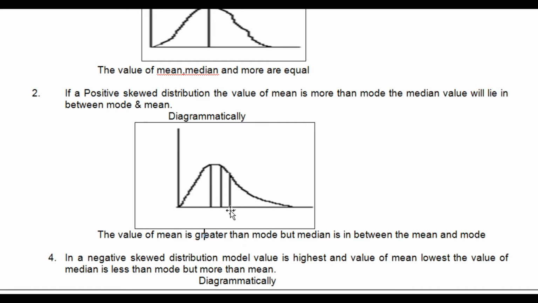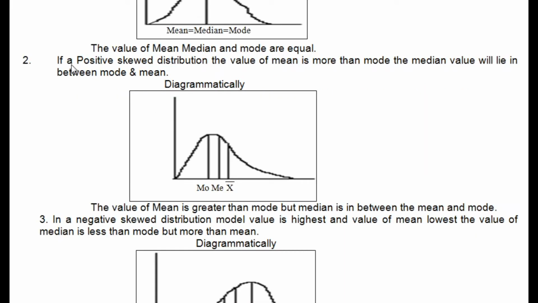In this case, mean is always greater than the last line, mode. I will show you here, maybe the values are visible. So this case is positive.